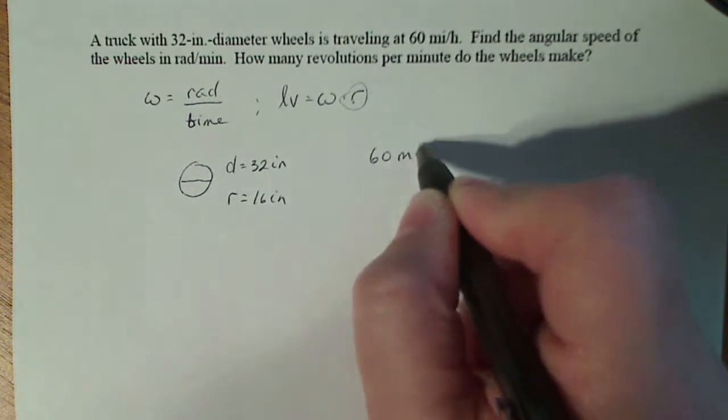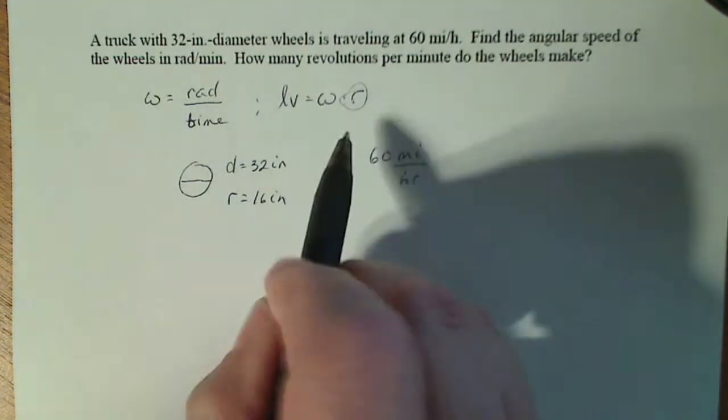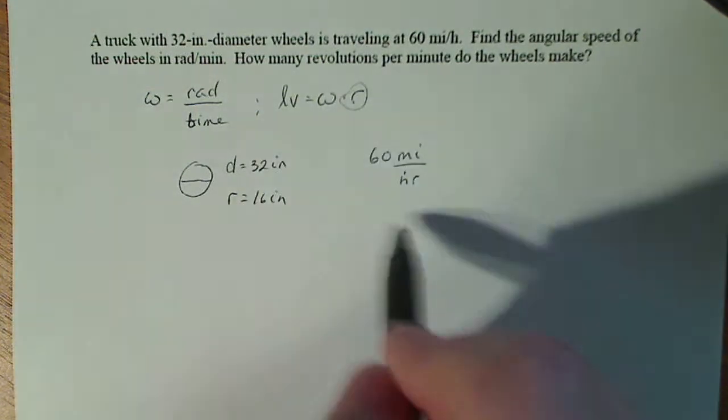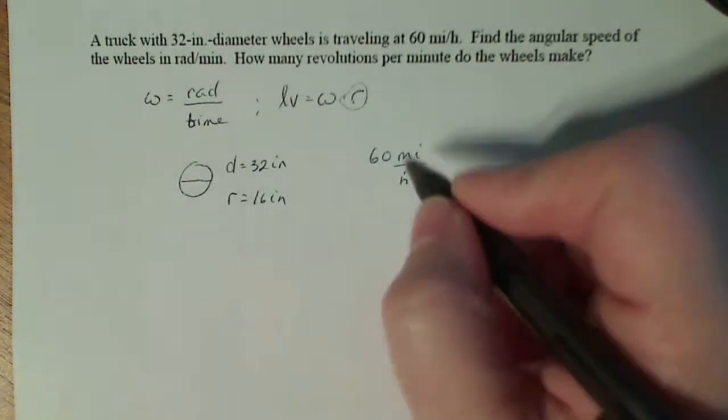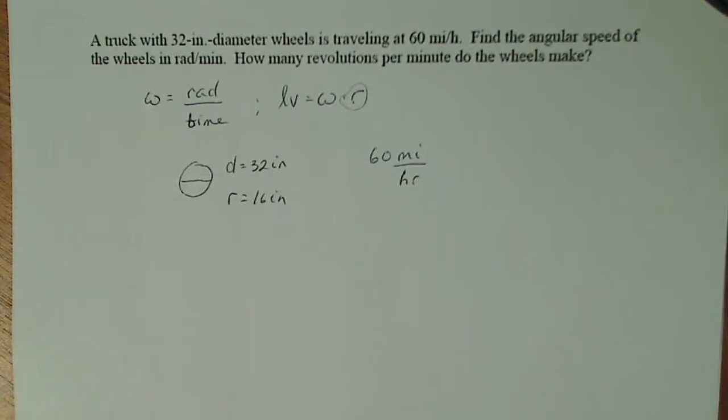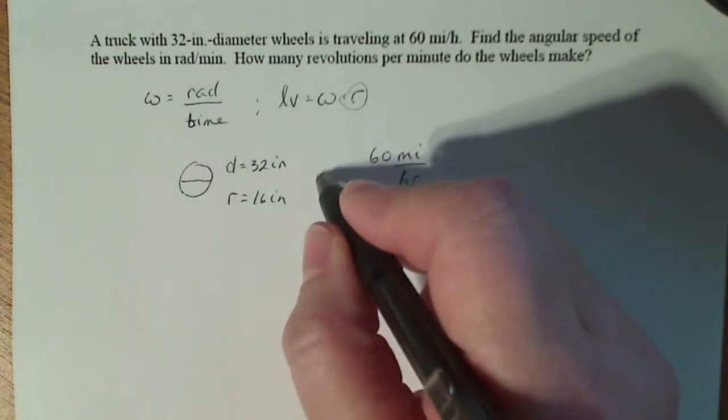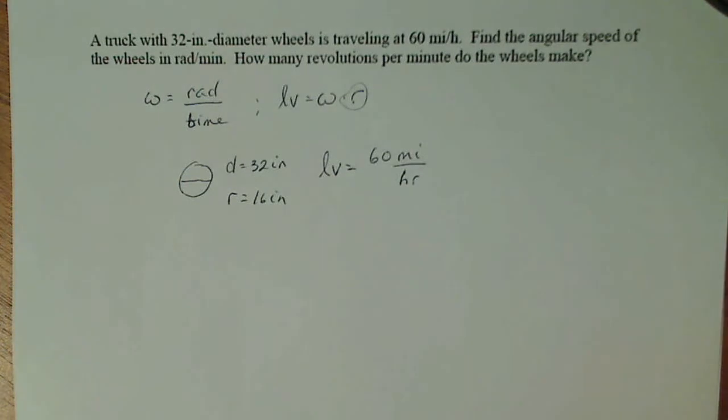Of all these three things related together, which one is 60 miles per hour? Well, when you're traveling in your car going 60 miles per hour, that's your linear velocity. That's what your speedometer tells you. So I can name this linear velocity.